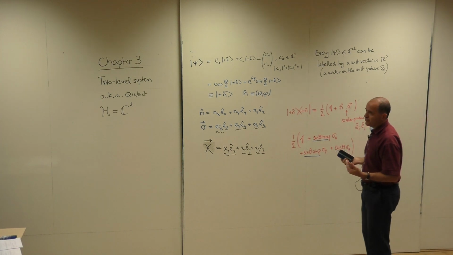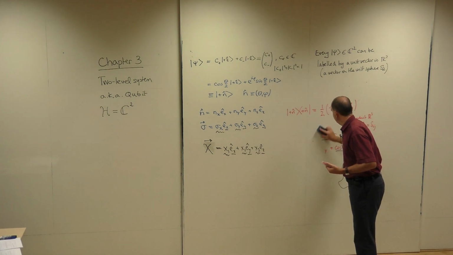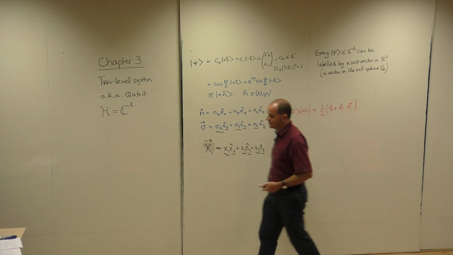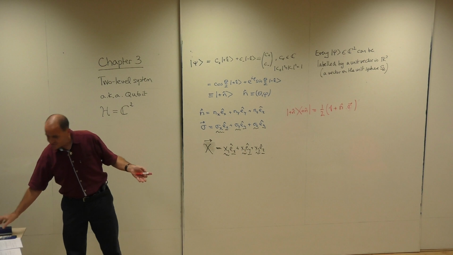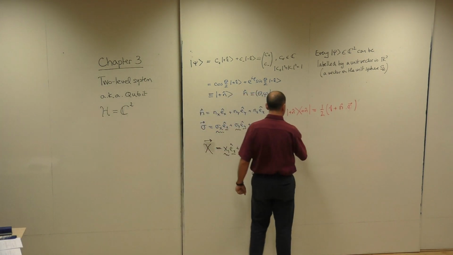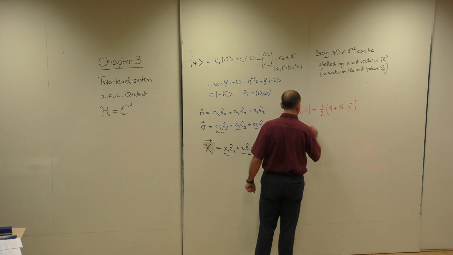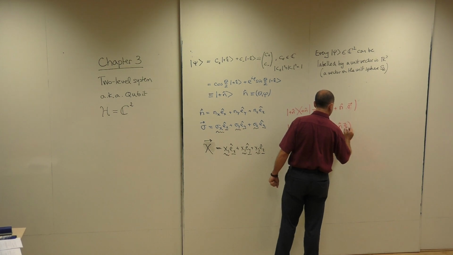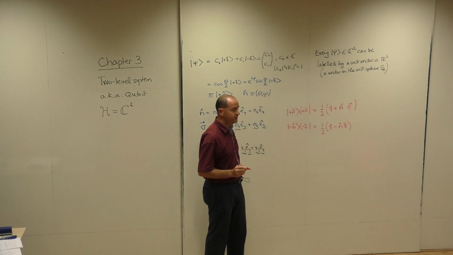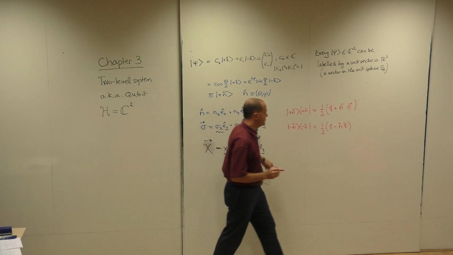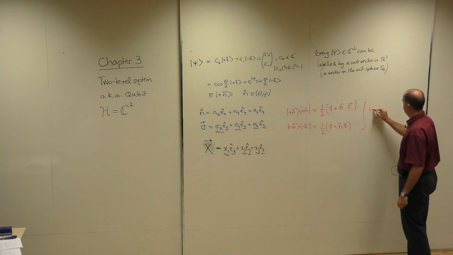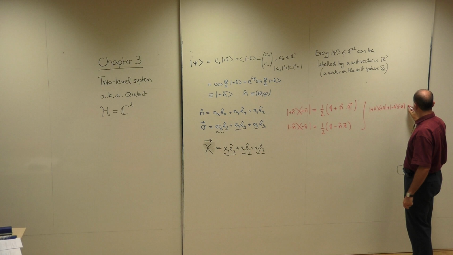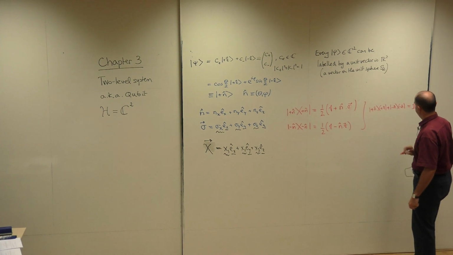With these, it's almost obvious what is the state that is orthogonal to |+n>. Well, it's |-n>, right? It's the state that points in the opposite direction. And |-n> would be equal to, well, you just replace plus by minus. And the fact that they are orthogonal, you immediately see, because if I take the sum of the two, |+n><+n| plus |-n><-n|, this is the projector on the whole space.